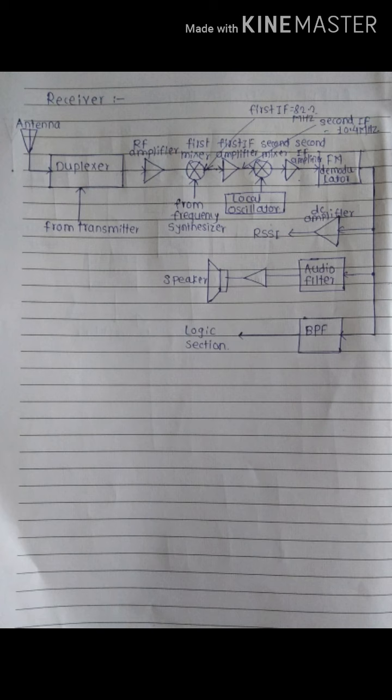The output of the second mixer is then given to the second IF amplifier, which amplifies it.